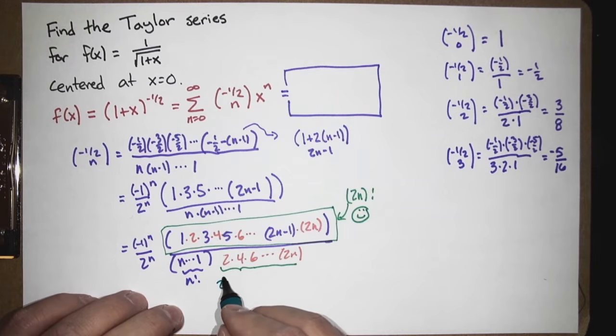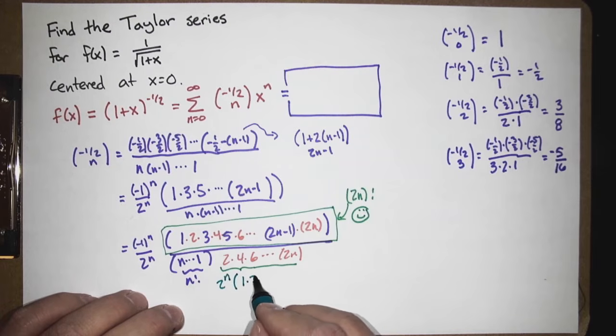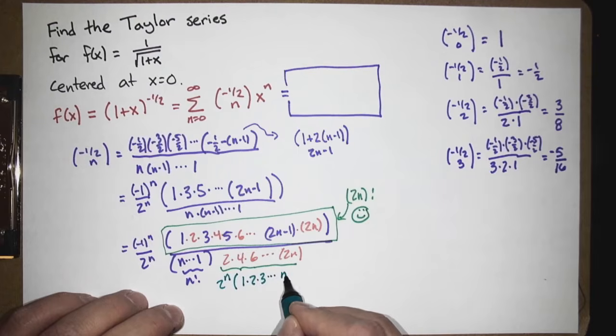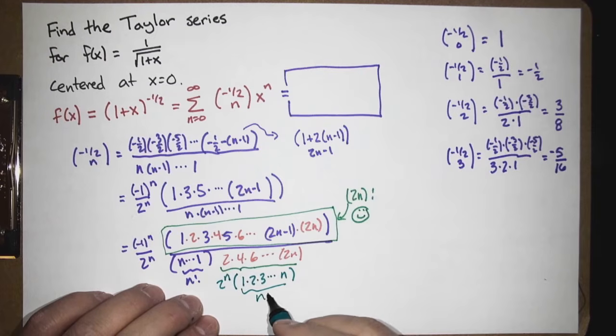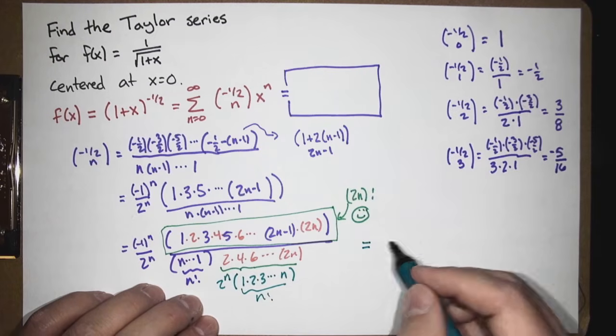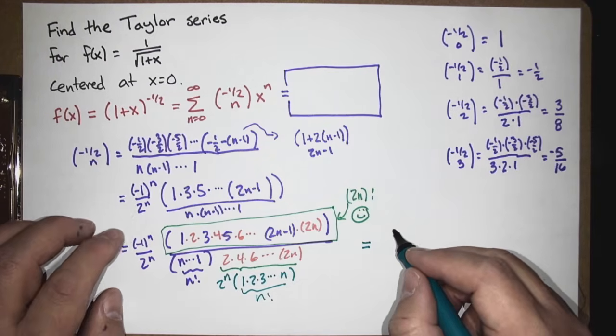We have n terms, right? So if I have n terms, I pull a 2 out of each one. 1 times 2 times 3, all the way up to n. But what's another way to say 1 times 2 times 3 all the way up to n? That's n factorial.